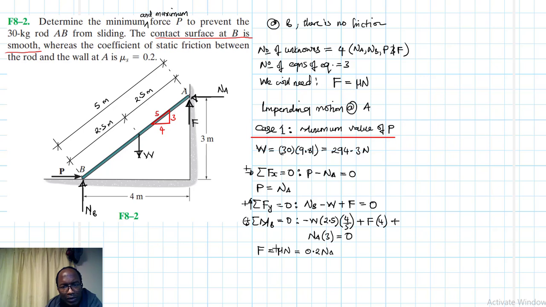So what we'll do now is replace this F here, and W, we already know it, we just need to collect it there. So replace there W, and once we do so, we can directly calculate the value of NA. You make NA subject of the formula.